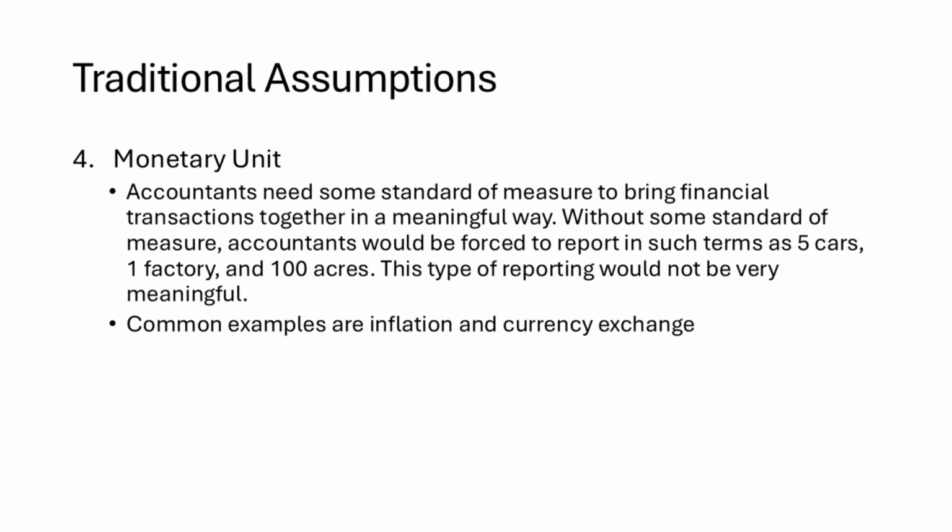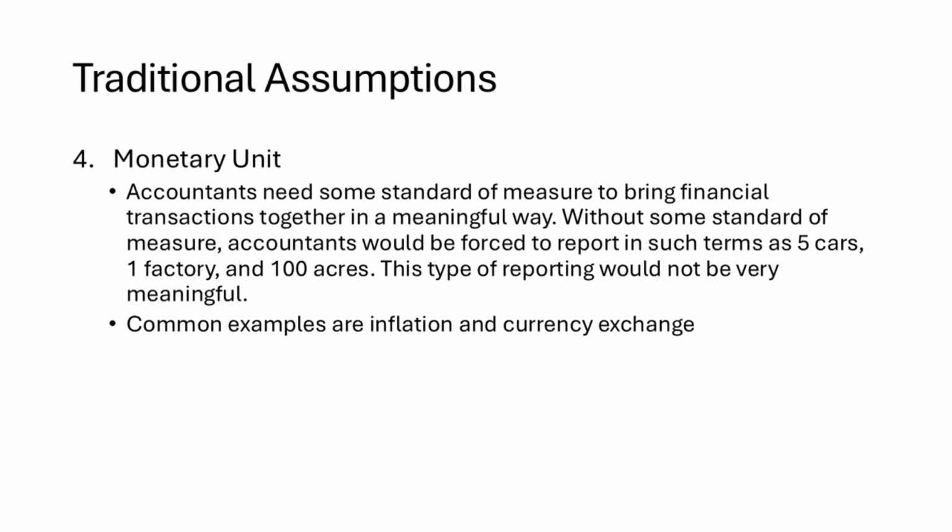The most common examples are inflation and currency exchange. So let's talk about currency exchange more. Different countries call their monetary unit by different names. For example, Japan uses the yen. Different countries also attach different value to their money. $1 is not equal to 1 yen.